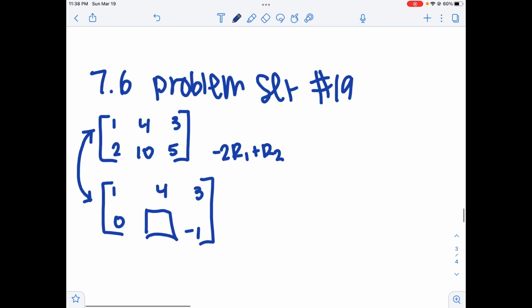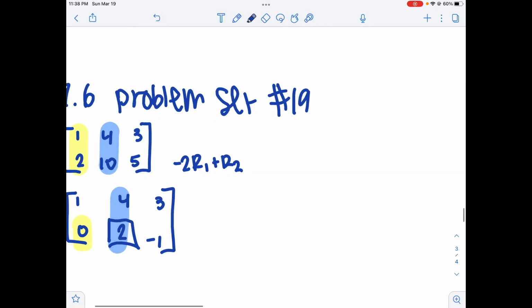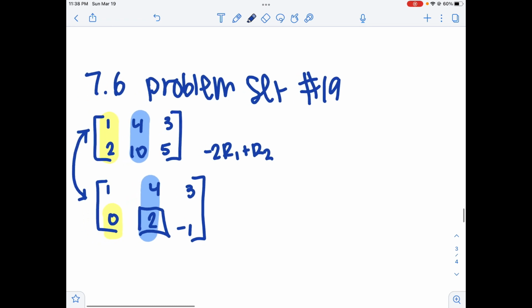Negative 2 times 1 plus 2 equals 0, so that's where we get this. Negative 2 times 4 is negative 8, and negative 8 plus 10 is 2. Negative 2 times 3 is negative 6, plus 5 is negative 1. So that's where we get that.